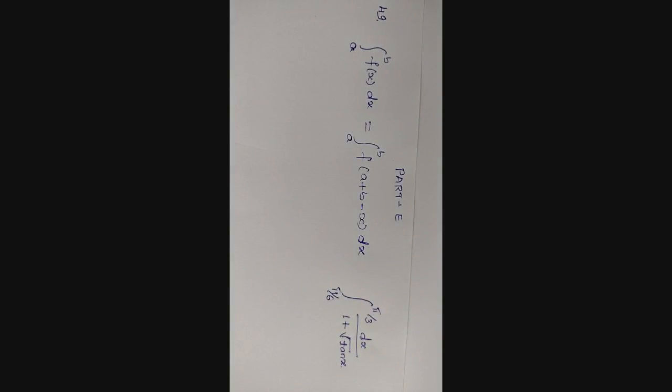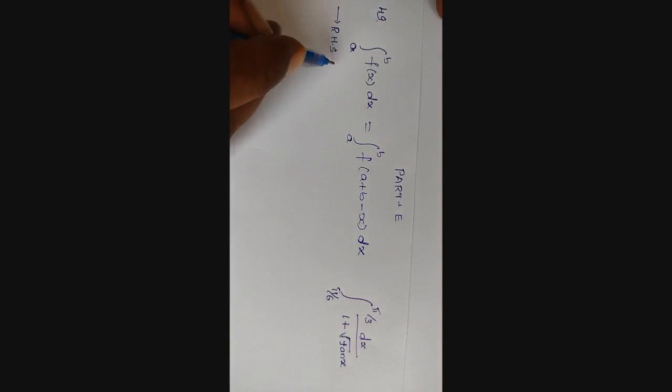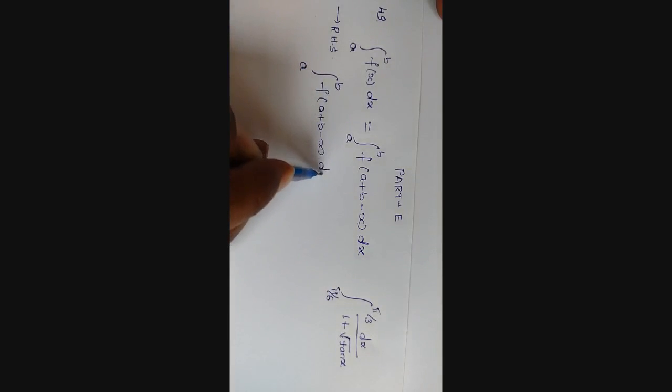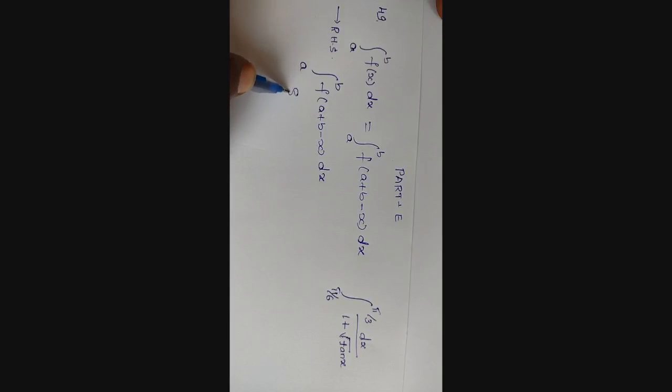So solution, taking the RHS, right hand side solution: integration of a to b f of a plus b minus x dx. Substitute or put a plus b minus x is equal to t.